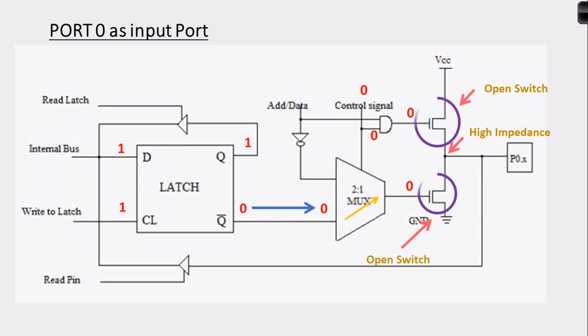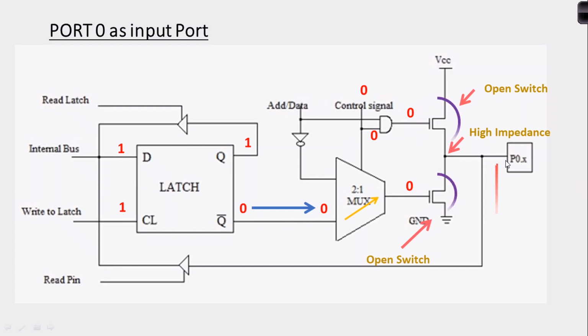When we have high impedance, if I get any data to this particular port, that value can be coming from an ADC or a keyboard. Since it is high impedance, it will consider the input coming to this port; that voltage level will be considered.